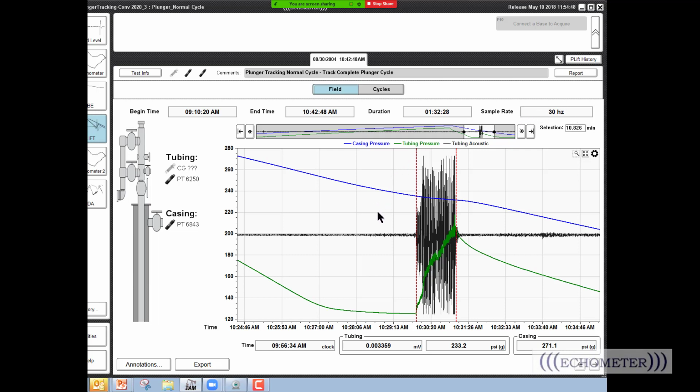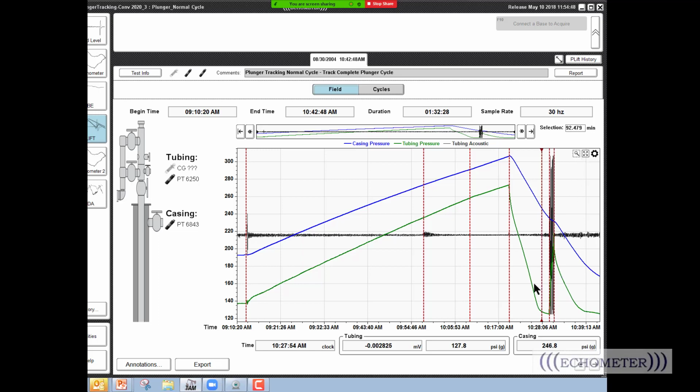If I click on the graph with my mouse, a pointer comes up, and that's the time that I clicked on the graph, and these are the tubing and the casing pressure readings at that time. I can move this line around to whatever I want to examine on the trace. This will zoom the trace out completely to the full screen, back to all 92 minutes of data. And so there's all the data.